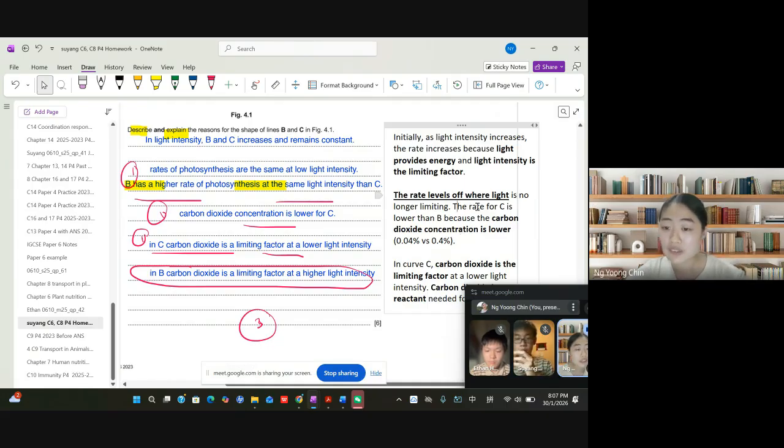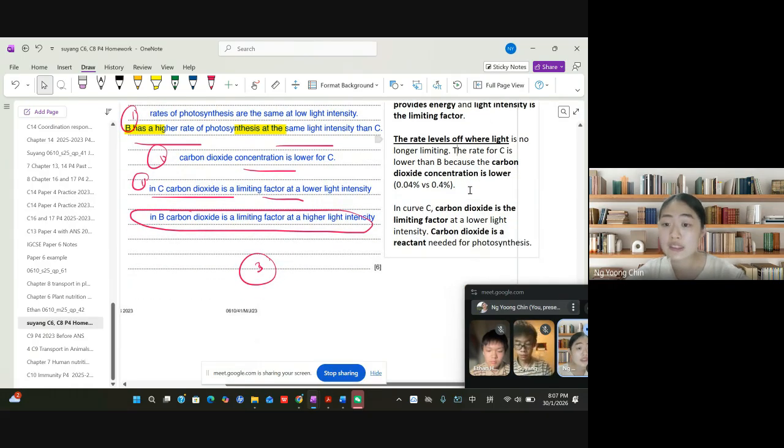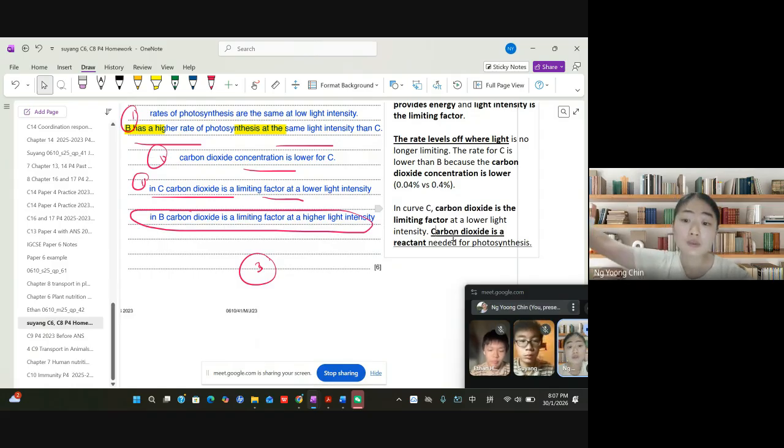And then this one: the rate of C is lower than B because the carbon dioxide concentration is lower. In curve C, carbon dioxide is a limiting factor at the lower light intensity. And this is the explanation: carbon dioxide is a reactant for photosynthesis. So whenever you increase the carbon dioxide, the photosynthesis rate also increases. So that's the reason.